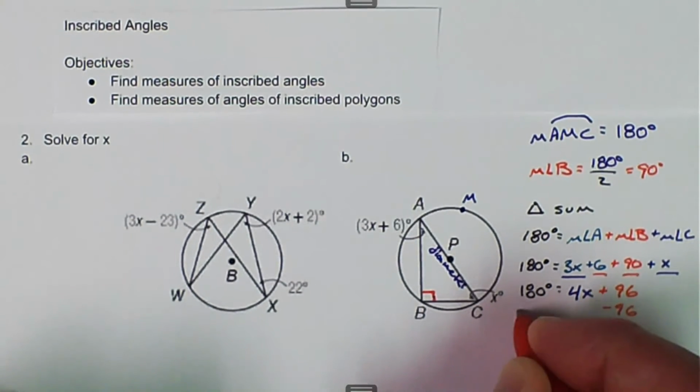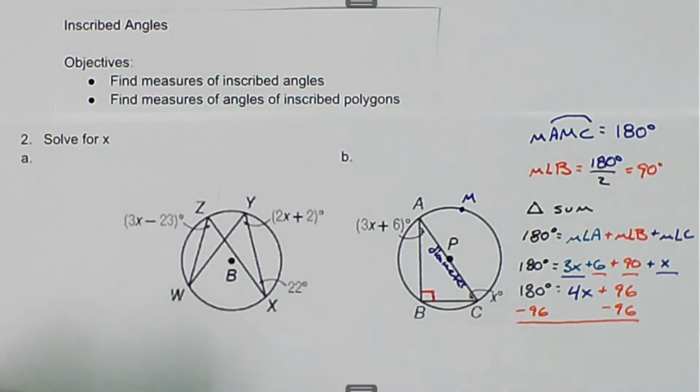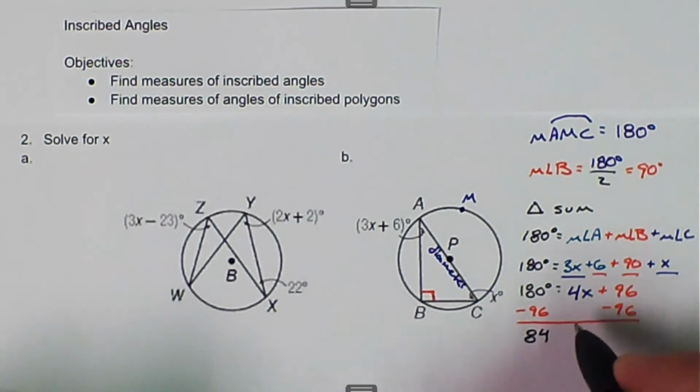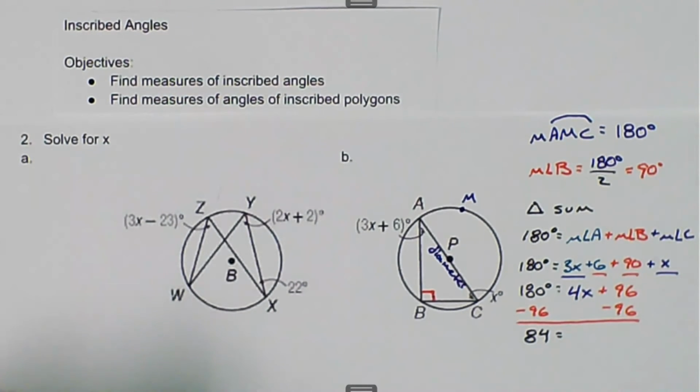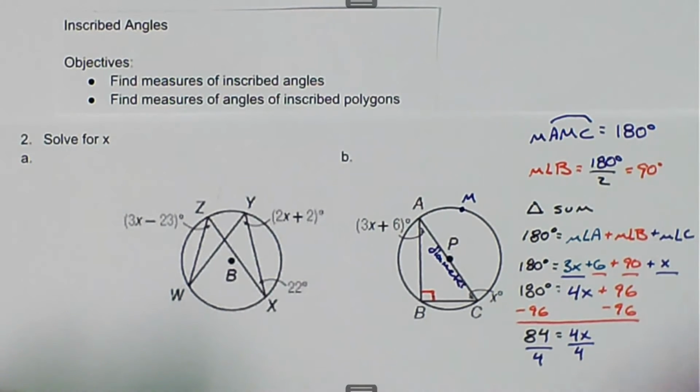Then we can subtract 96 from both sides of the equal sign, and we get 84 is equal to 4x. And then we can divide by 4, and we end up with 21 is equal to x.